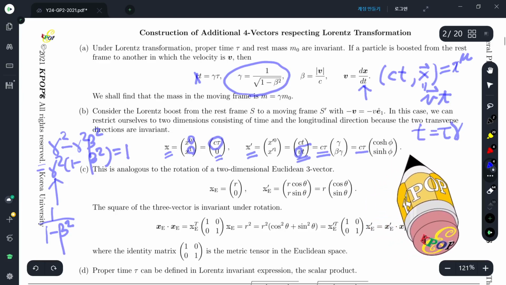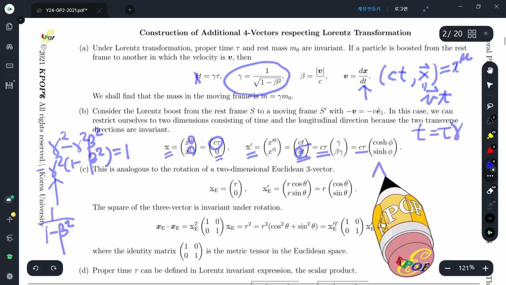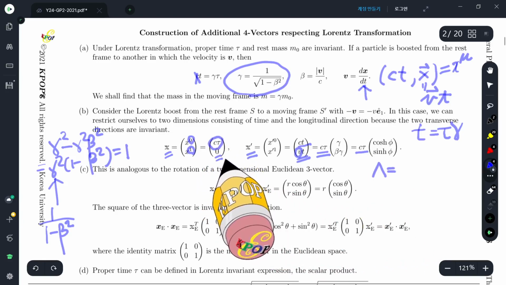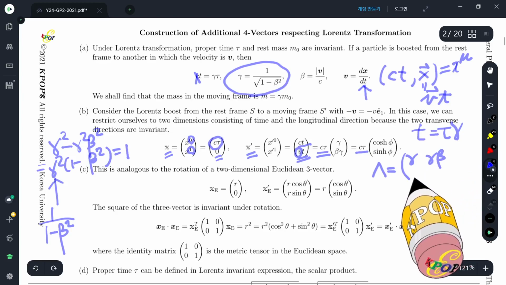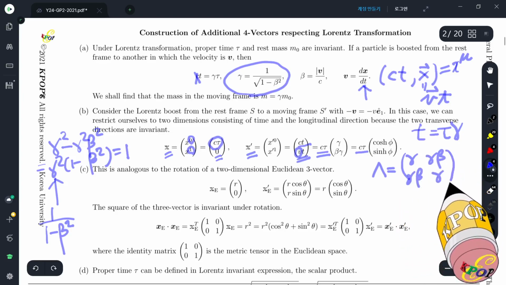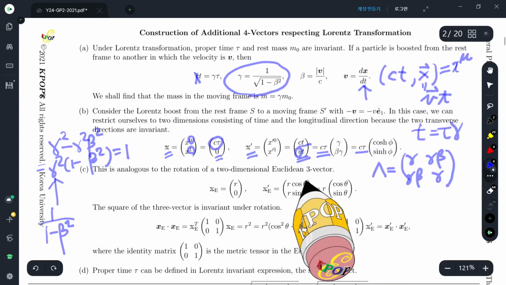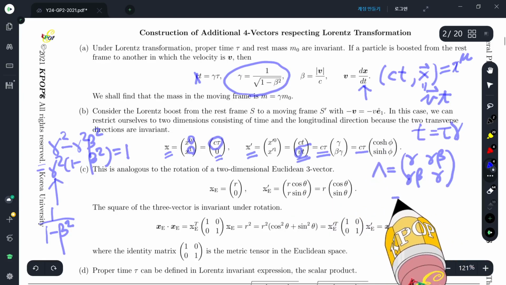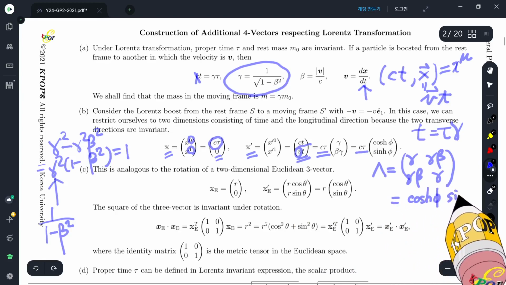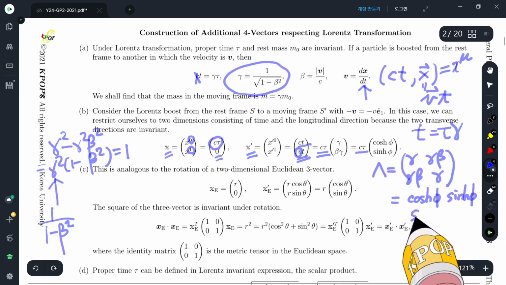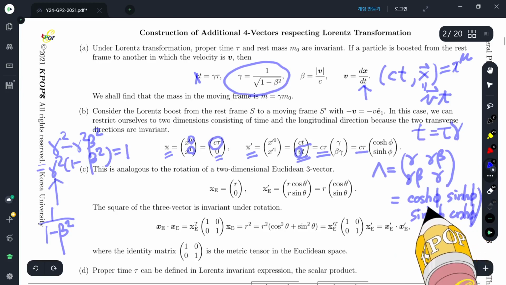Alright, so that's the reason why our Lorentz boost matrix from the rest frame to the boosting frame was gamma, gamma beta, gamma beta, gamma. Or if we make use of the hyperbolic cosine and sine, this is cosine hyperbolic phi, sine hyperbolic phi, sine hyperbolic phi, and cosine hyperbolic phi.